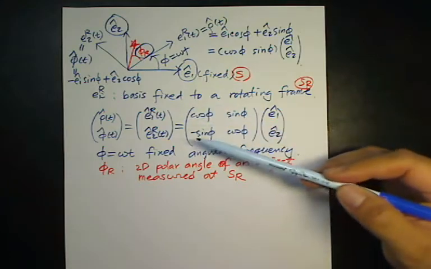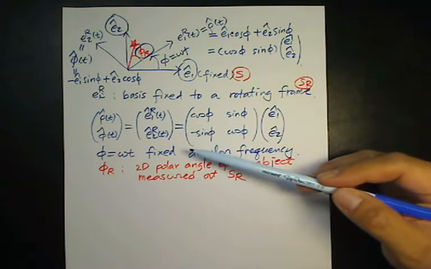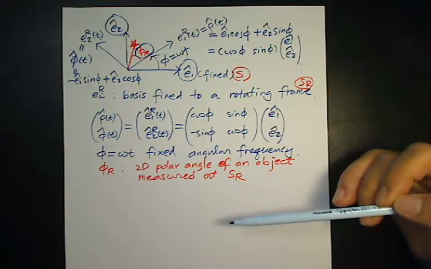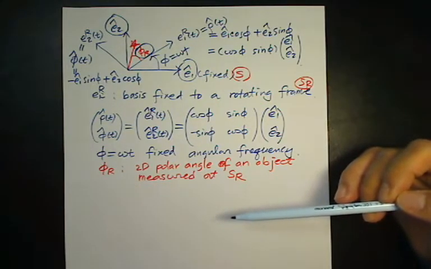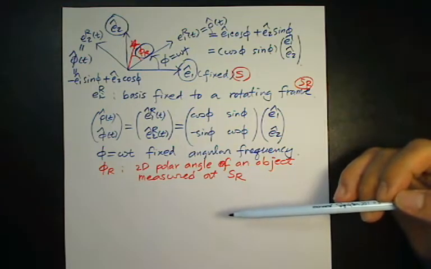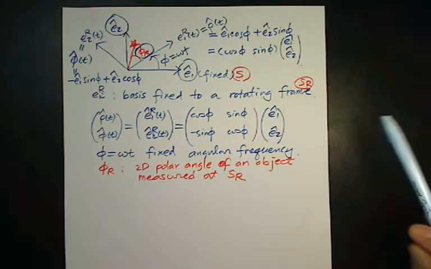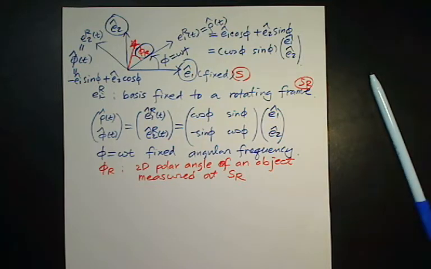As you can see, the sign is opposite in comparison with the normal rotation matrix, because that rotation matrix is for the components x1 and x2, and in here these are for the basis. The rotation matrix for the components and the rotation matrix for the basis vectors are opposite. So they have an inverse relationship.